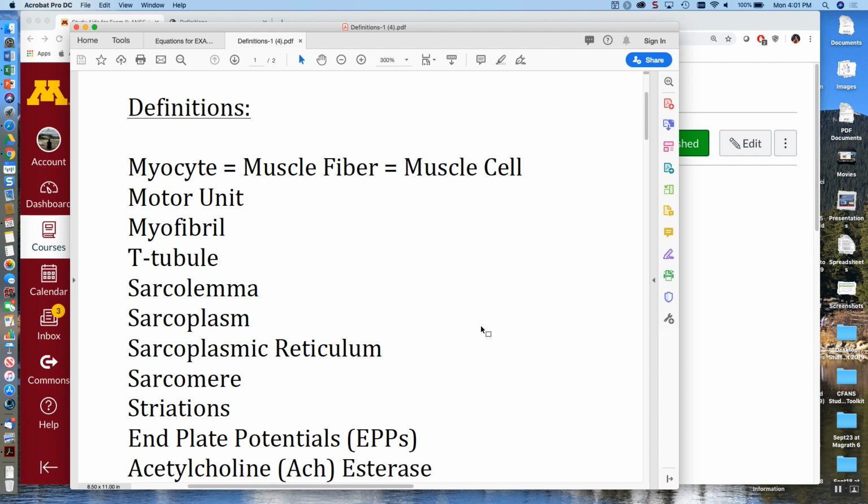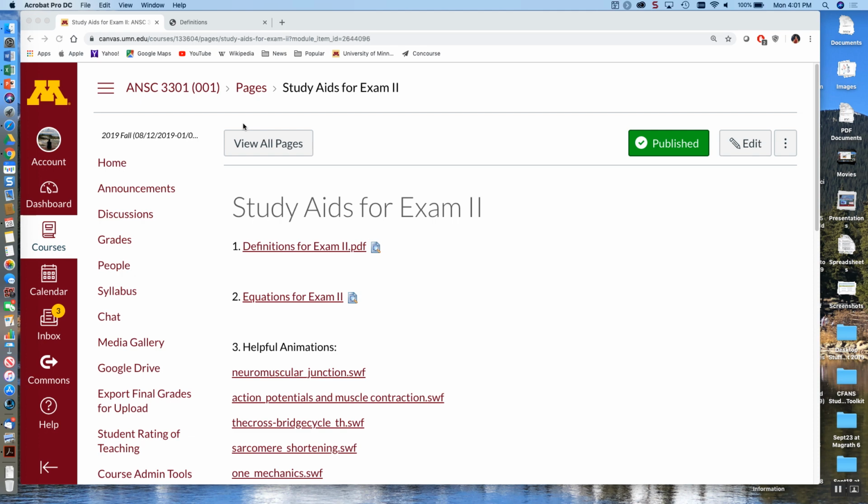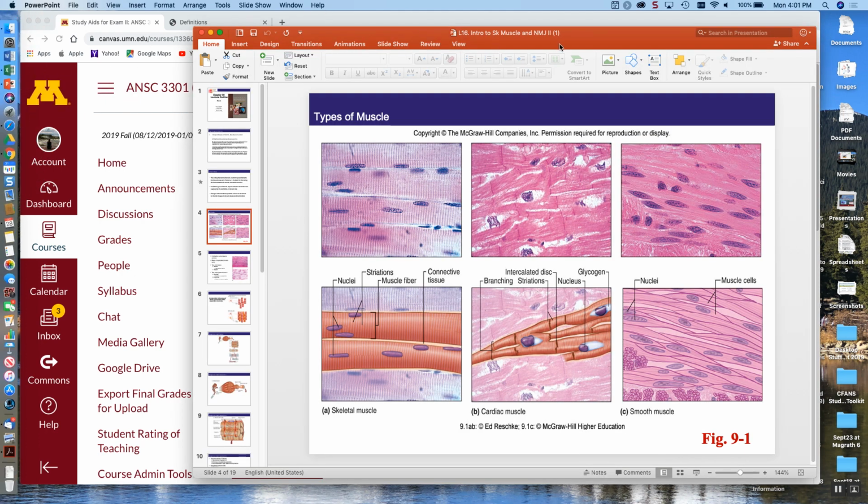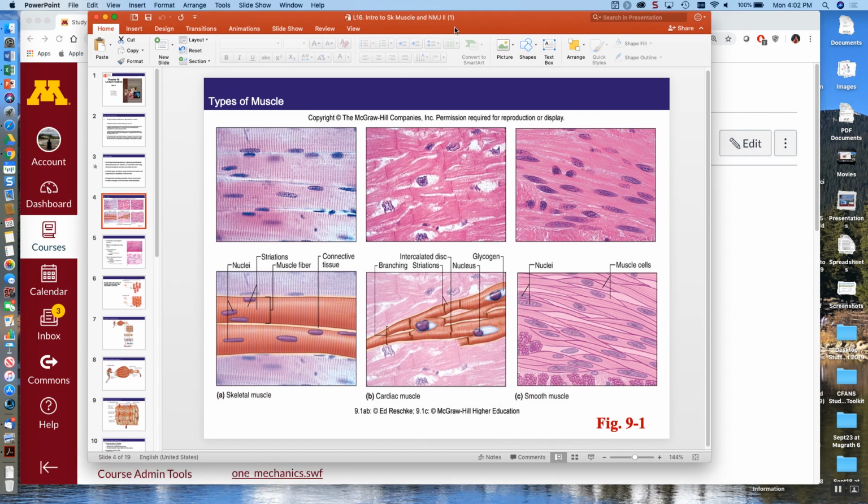So I'll go through what is a muscle cell, what is a motor unit, what are myofibrils, T-tubules. Knowing the anatomy of the skeletal muscle is going to be actually important, okay? So that's where we'll start off. I highly encourage you all to take a look at these definition sheets when you get home. So we're just going to start with the first lecture here, lecture 16, Intro to Skeletal Muscle.